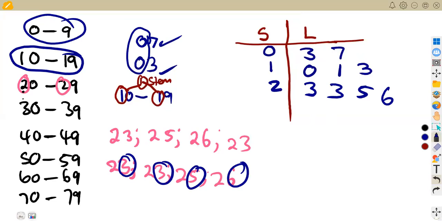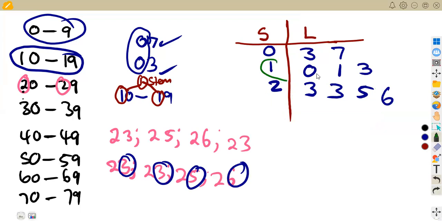So it means you can even take back these numbers to say this is 23, and this is also 23. If I take it this way, I've got 25, and this way, 26.